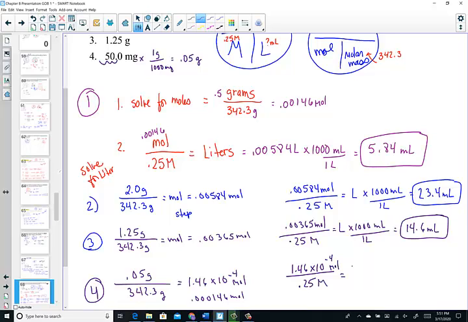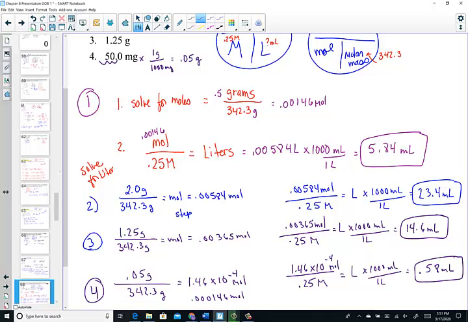That's going to come out in liters, but remember we were asked for milliliters, so just multiply by 1,000 and you'll have your answer. So divide by 0.25 times 1,000. My screen reads 0.584. I'll have 2 sig figs, 0.58 milliliters.